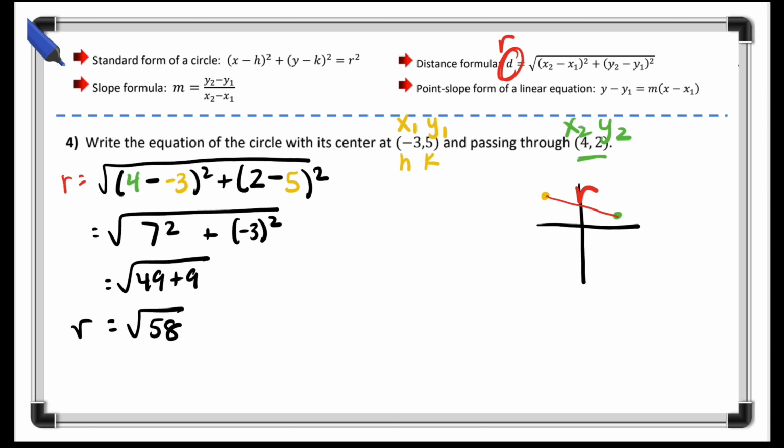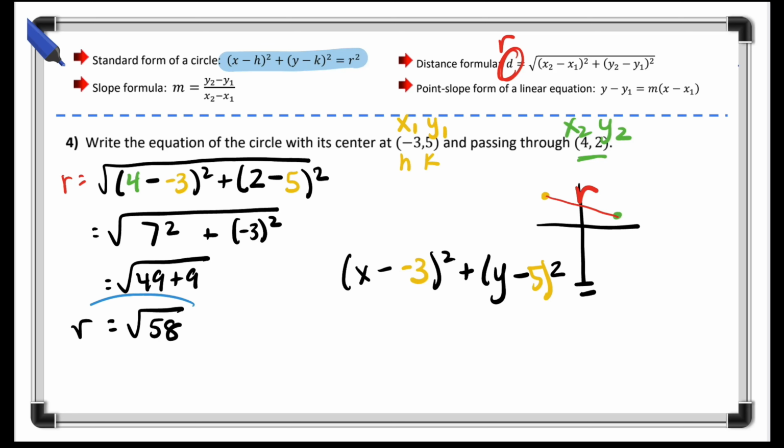Now, again, in order to write the equation of our circle in standard form, we're going to use our center as well as our radius. So we have x minus our h, which is -3, and we're going to square it, plus y minus 5, and then we're going to square it, and that's going to equal our radius.